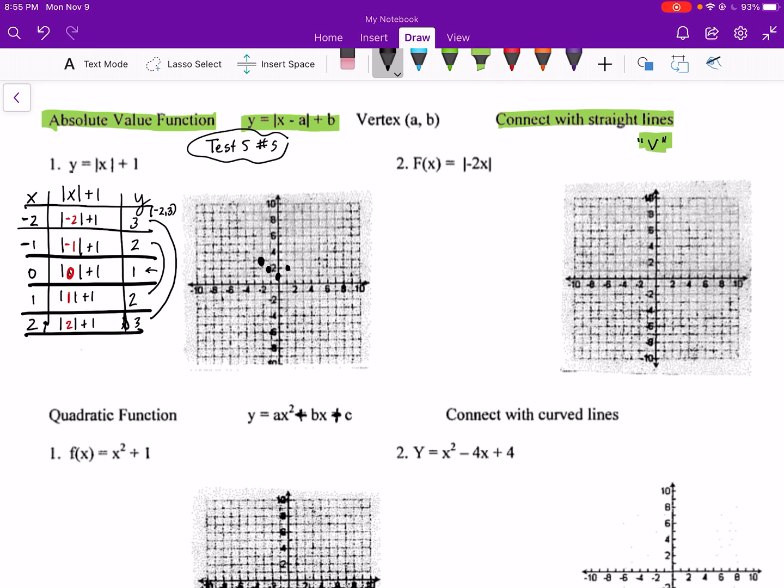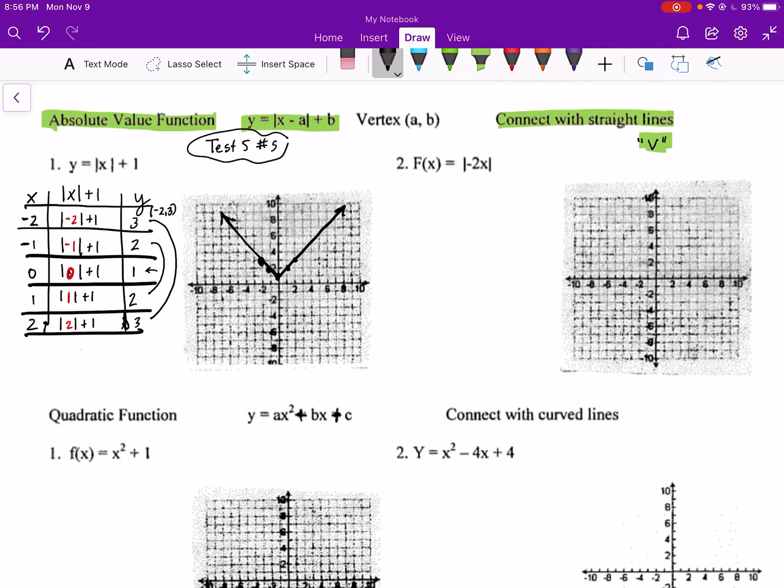And 2, 3 is right here and I make a dot. So I would use a ruler, but you're going to see that you connect the dots like so. And you can see it is a V. I connected with straight lines. That's going to be important once we get to quadratic. And there you go, an absolute value graph.